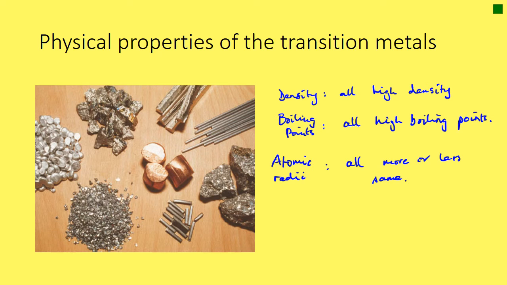They're all dense metals and all have pretty similar densities to each other. So they're all high densities. And as far as the boiling points are concerned, or melting points, they all have high melting points or boiling points.